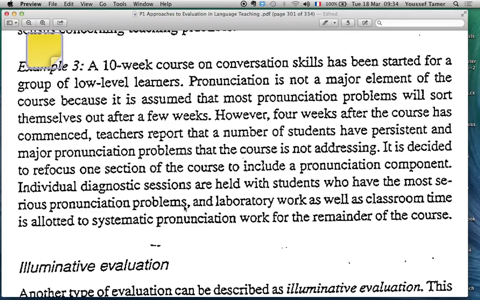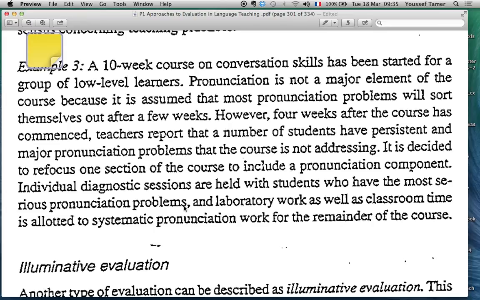Yes, formative. Same thing as formative assessment. It's the same kind of approach used in formative assessment because you want to see if the learners have learned what you are teaching them. So you do formative assessments during the course, once, maybe more, in order to see if they have learned.